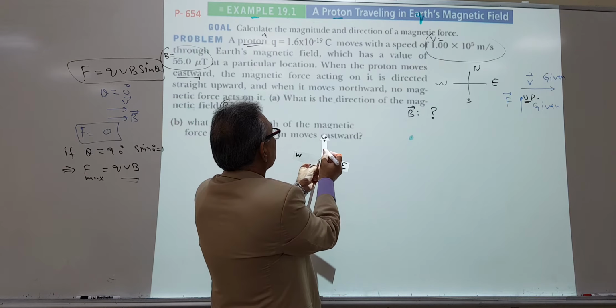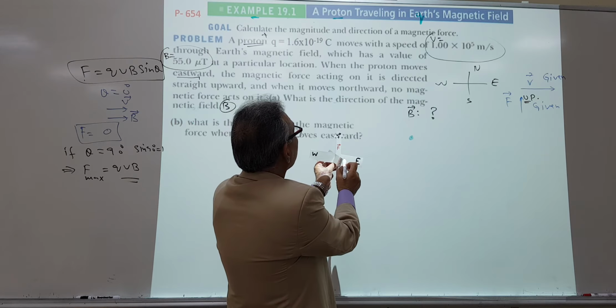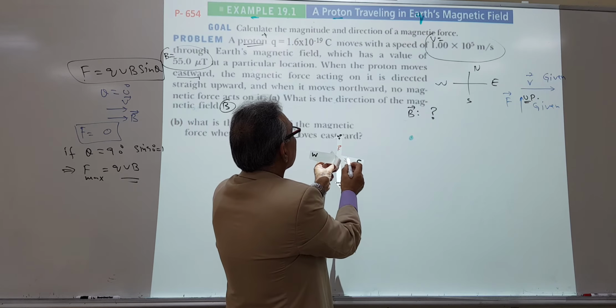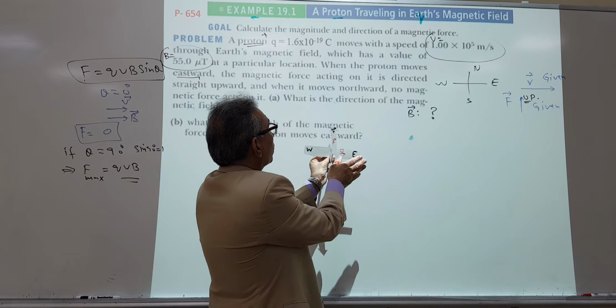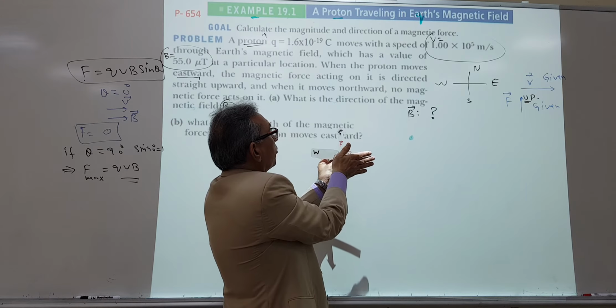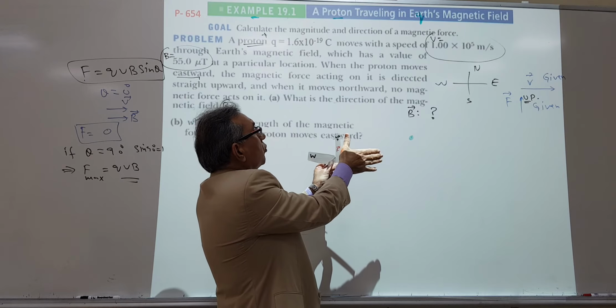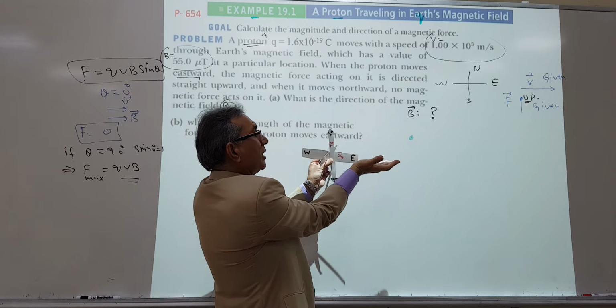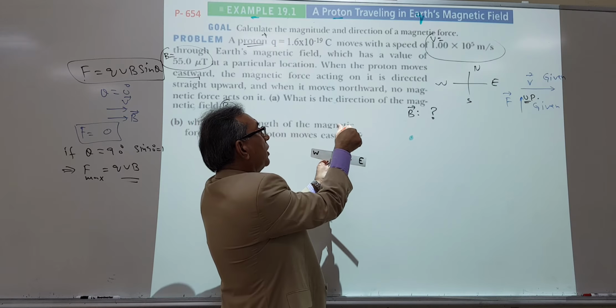This is force, force is up, and this is V. If I take my right hand rule like this, it will be wrong because the thumb, force, is here, but force is given up.